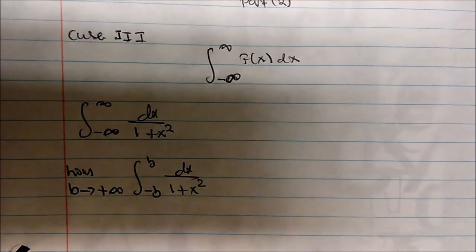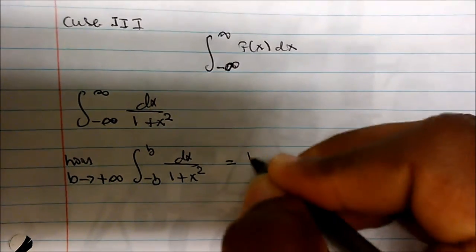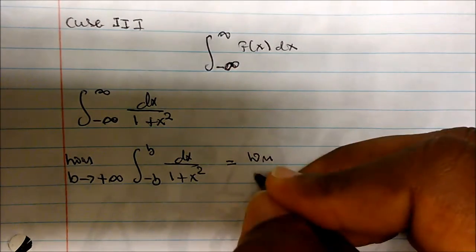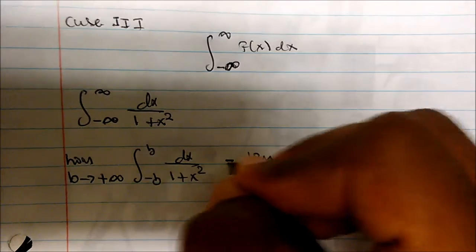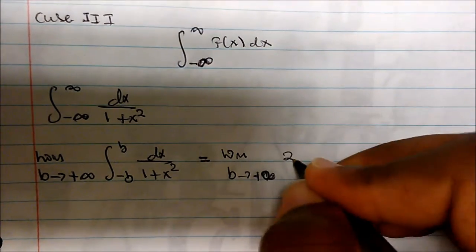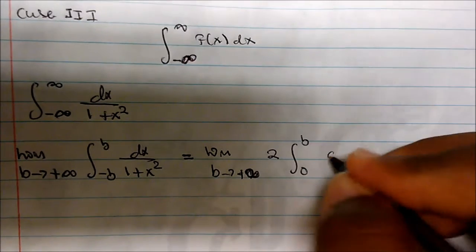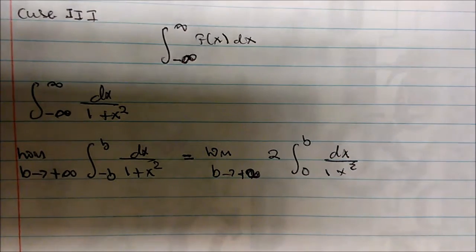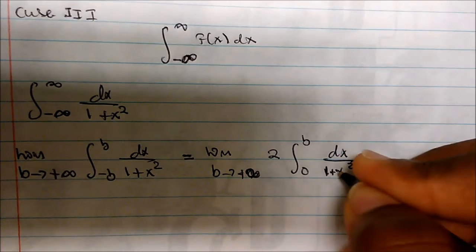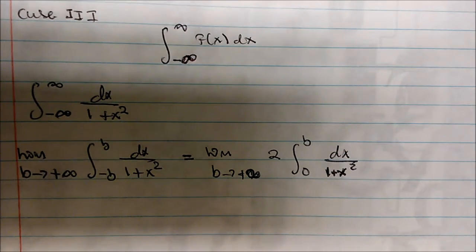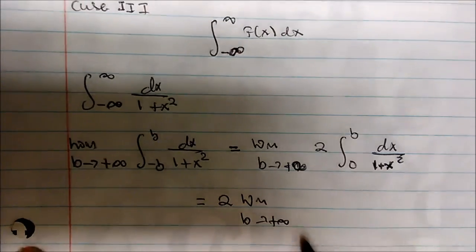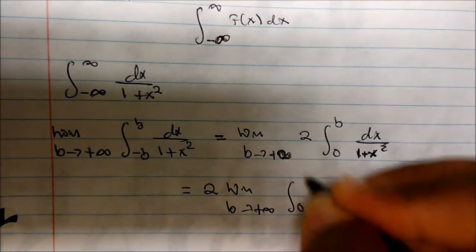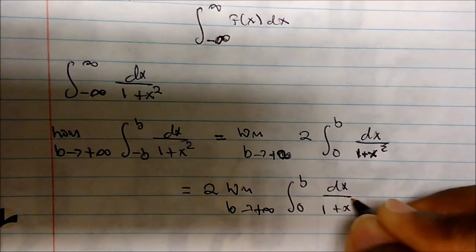And so this integral is also equal to the limit as b approaches positive infinity of 2 times the integral from 0 to b of dx over 1 plus x squared, because the integral is symmetric. Factoring out the 2, this becomes 2 times the limit as b approaches positive infinity of the integral from 0 to b of dx over 1 plus x squared.